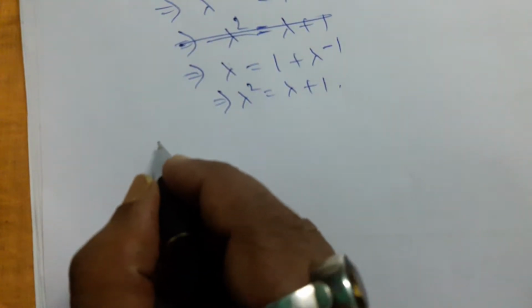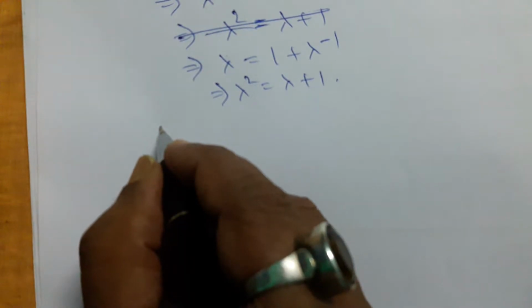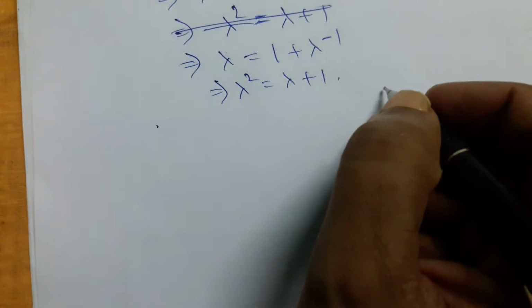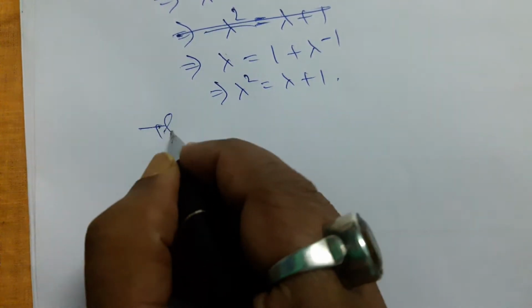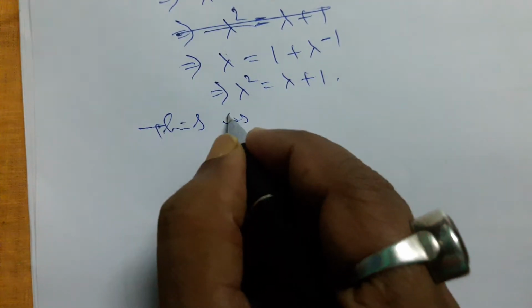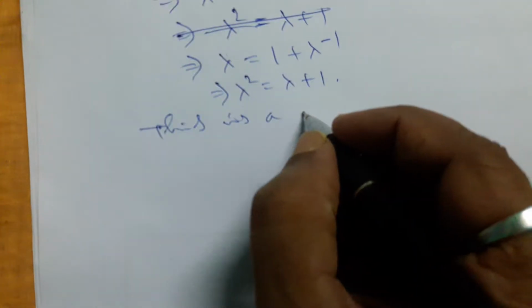If we solve this equation by the Sridharacharya formula, then lambda equals this type. Actually, this is a characteristic equation.